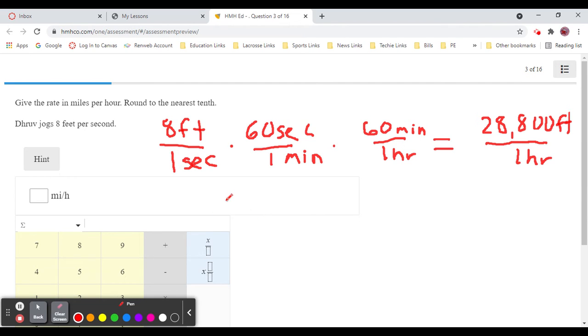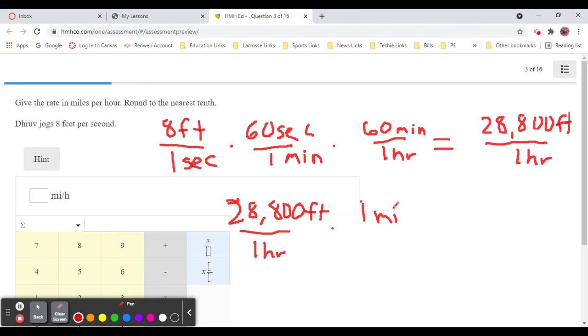So I'm gonna drop down here, 28,800 feet. Hopefully you can read my freehand. In 1 hour. And of course, there are 5,280 feet in 1 mile.